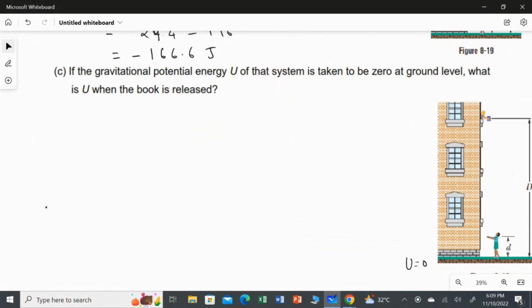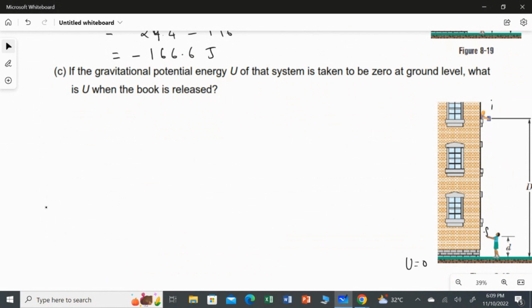So that means this is our initial point, this is our final point, right? So they ask, when the book is released with respect to the ground, and at the ground you have to consider the potential energy is exactly 0 joules, and you have to find what should be the potential energy when the book is released.